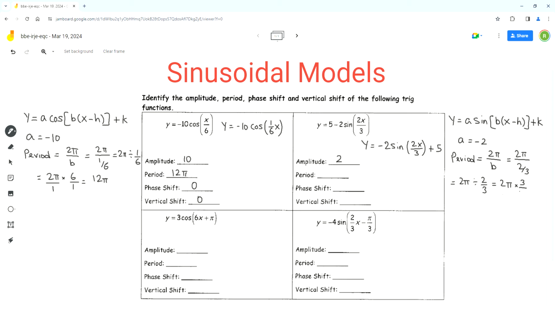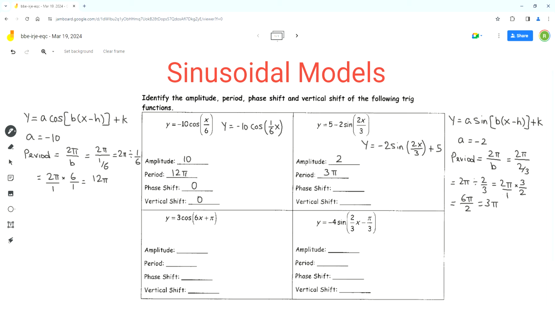So we flip the fraction. So now we multiply the fractions. So 2 pi can be written as 2 pi over 1. And when we multiply the fractions, 2 pi times 3 is 6 pi and 1 times 2 is 2. And we can reduce this fraction to 3 pi. So the period of this function is 3 pi.